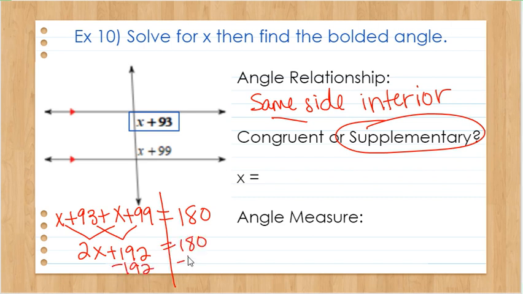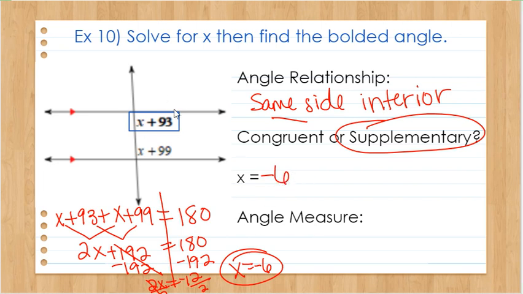Subtract 192 to get that 2x alone. So we get 2x equals 180 minus 192, which is negative 12. The last step is divide by 2. So x equals negative 12 divided by 2, which is negative 6.